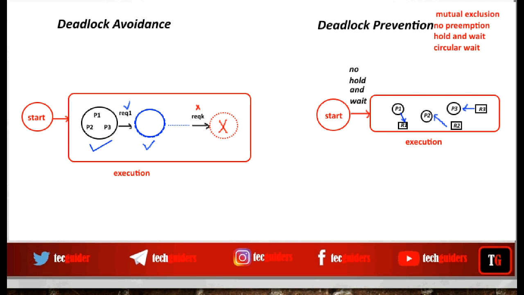So we are avoiding the deadlock by not moving to that unsafe state, by not granting this request now. That requested resource may be available, but we are not granting it to the process now. We make the process wait for that resource, because if this resource is allocated to this process now, with the remaining resources, we will not be able to handle our entire system without causing deadlock.